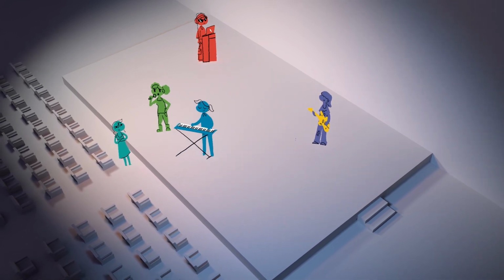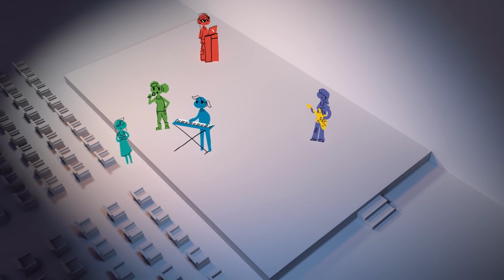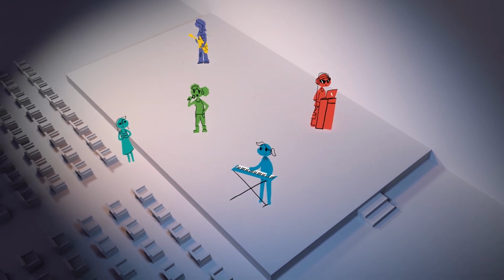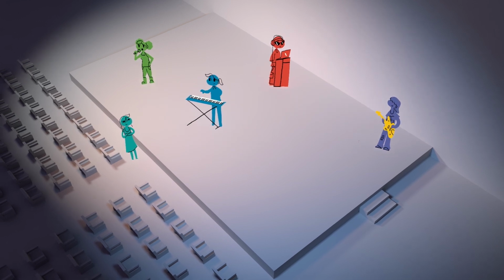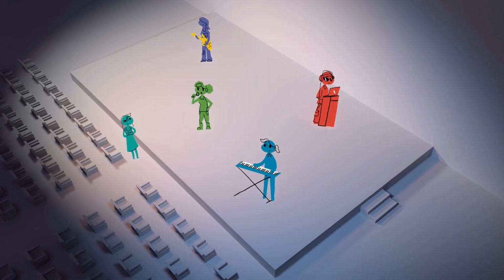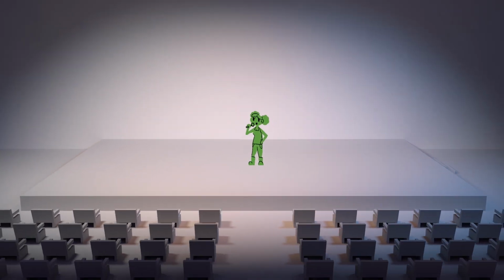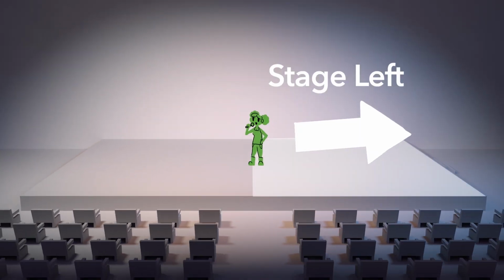To do this, we need to understand the specific places on stage that will offer a stronger or weaker impact on our audiences. There's a very useful vocabulary for identifying these places, a vocabulary that reflects your perspective as the performer on stage facing the audience. To your left is stage left.